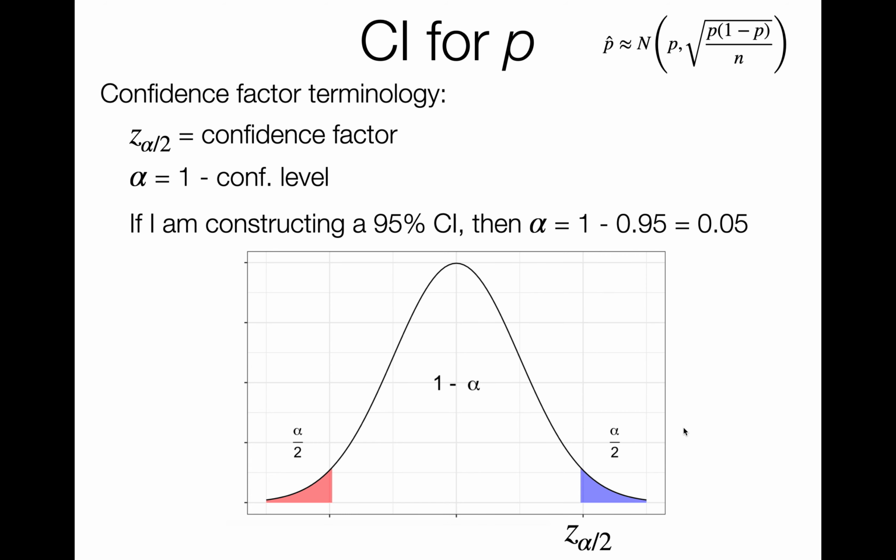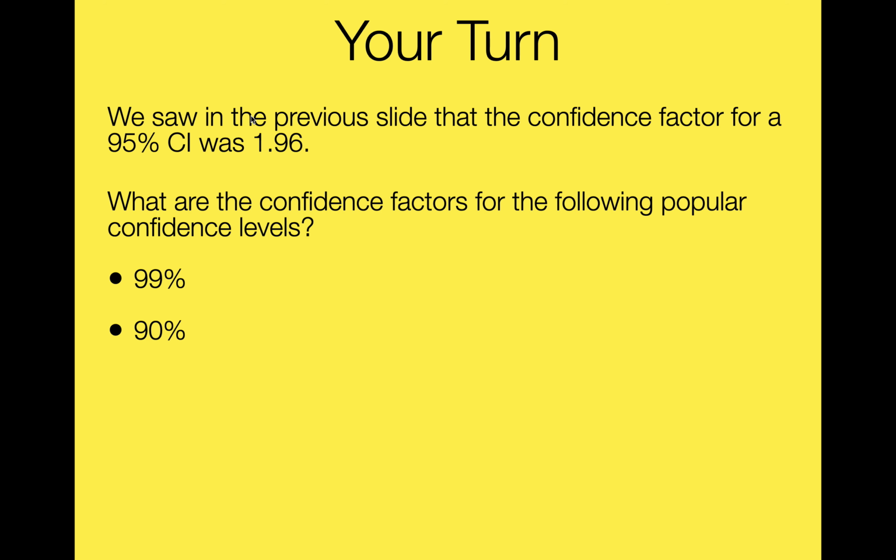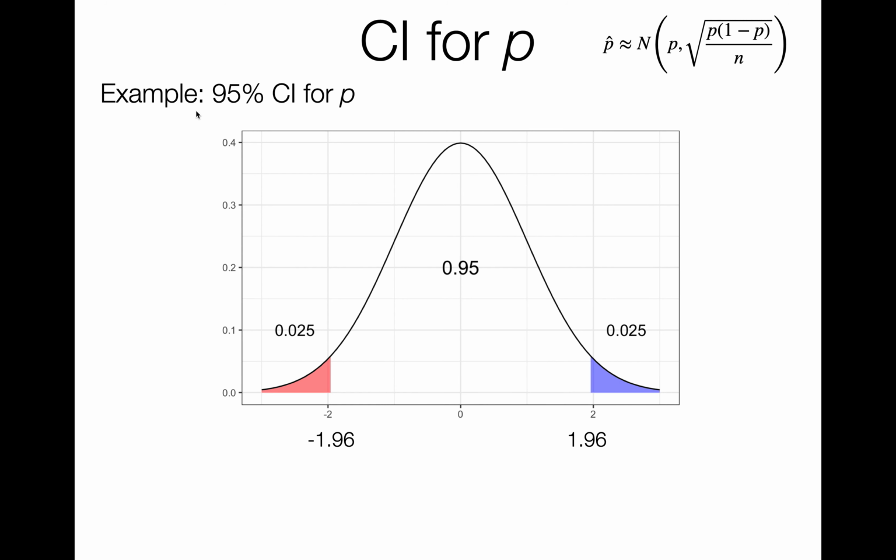So for instance, if I want a 95% confidence interval for p, and we'll find out what this means, but just for the moment, take it without question, that means I want to find the points down here such that 95% of the distribution is in the middle.